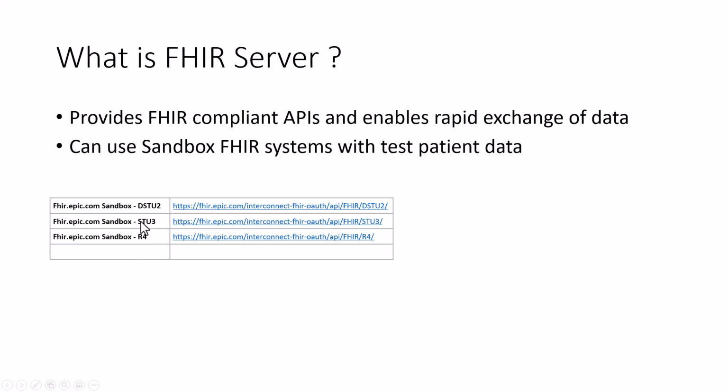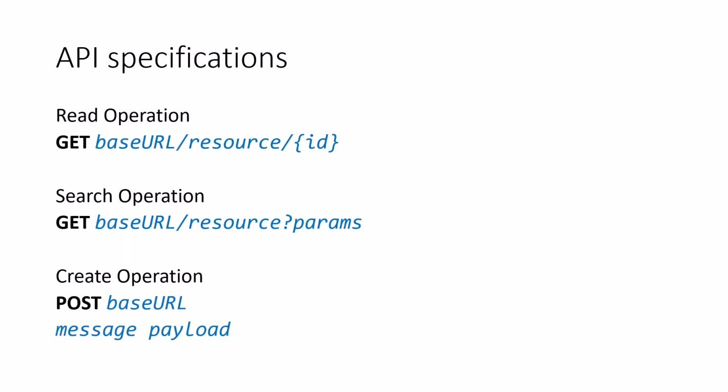EPIC has quite a few sandbox systems that we can use, and these sandbox systems come with some test patient data. So this is a really good place for us to start to gain access to patient data and see how things are working there.